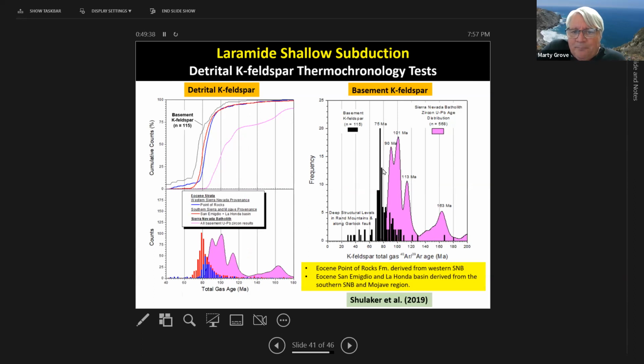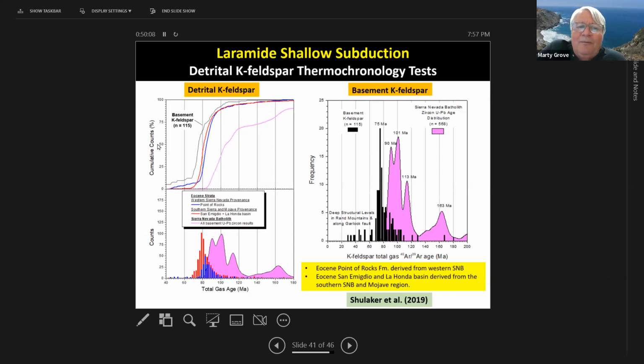This histogram shows all of the basement K-feldspar thermal history results expressed as total gas ages. Notice that there's a peak of 75 million years, and it's offset by 15 to 25 million years from the peak times of crystallization in the Sierra Nevada batholith.